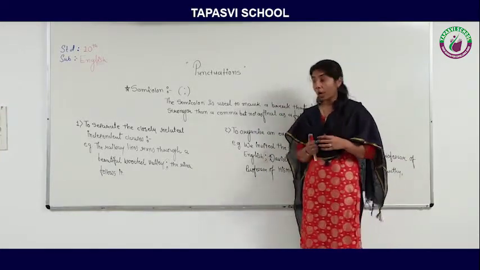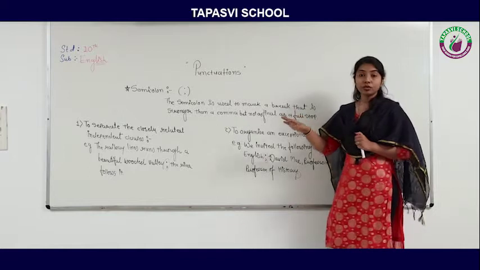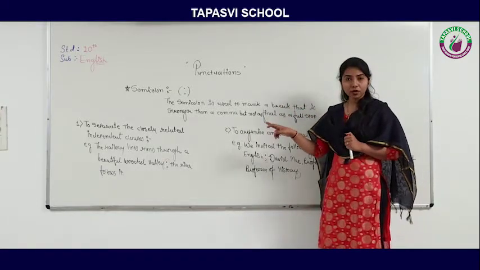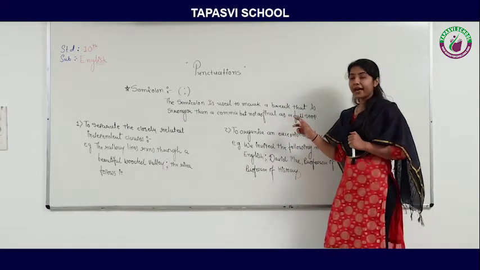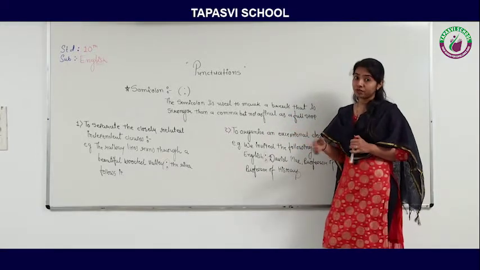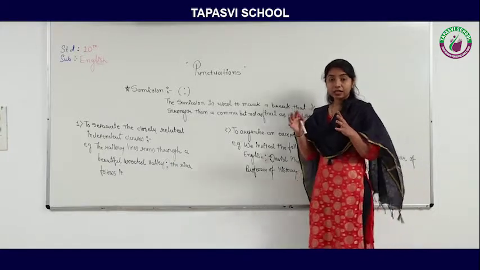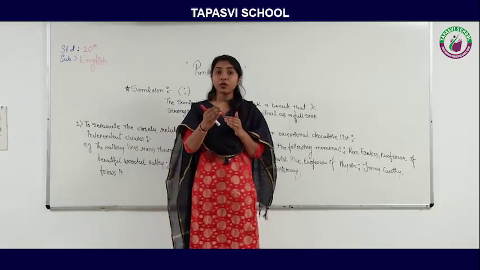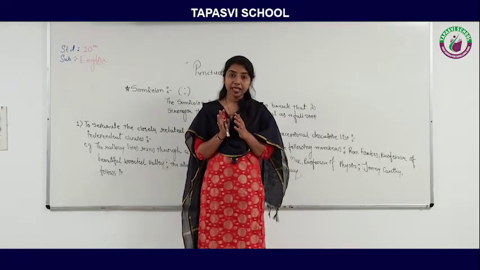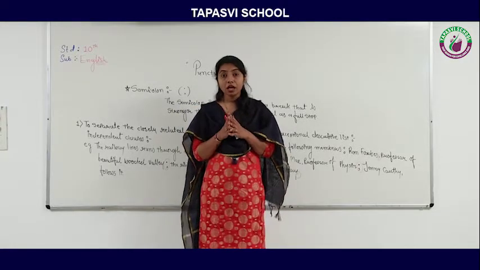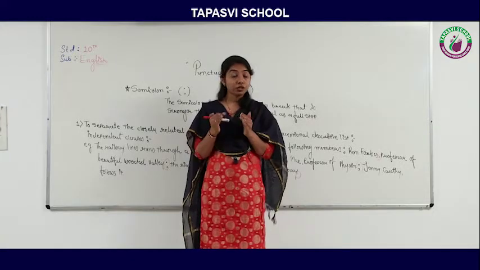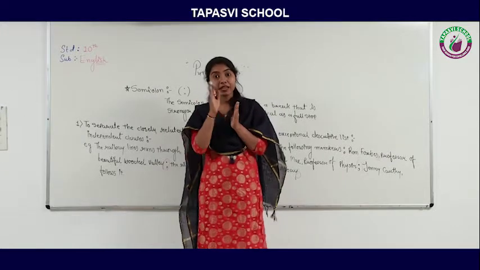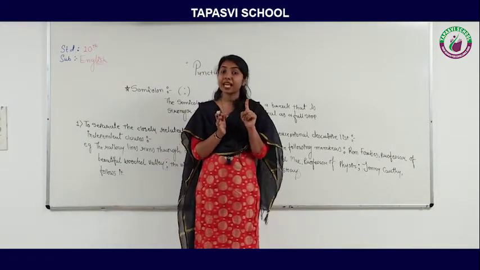Let's revise in a quick way. The semicolon is used to mark off a break that is stronger than a comma but not as final as a full stop. So if we want to give a stronger pause than a comma, then a semicolon: our sentence is not completed, we still want to add, but we want a pause like a full stop, though not the same as a full stop.